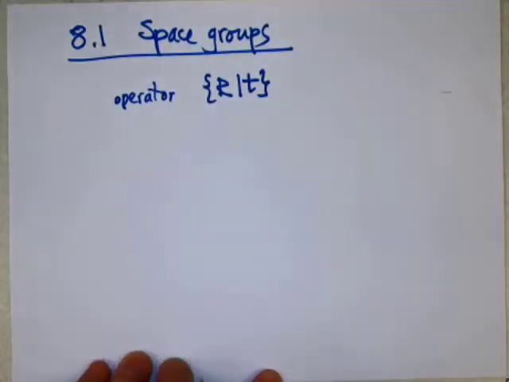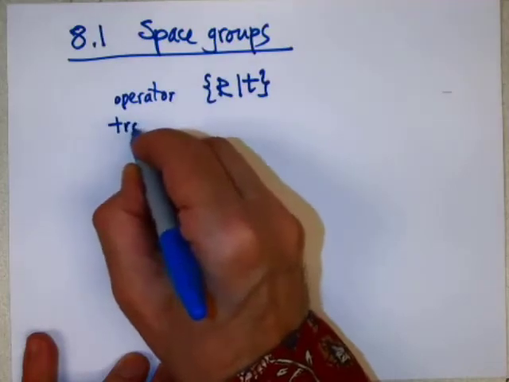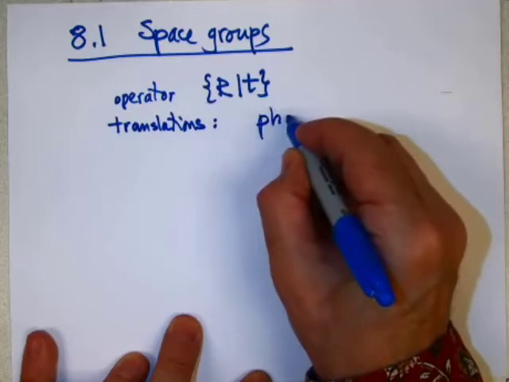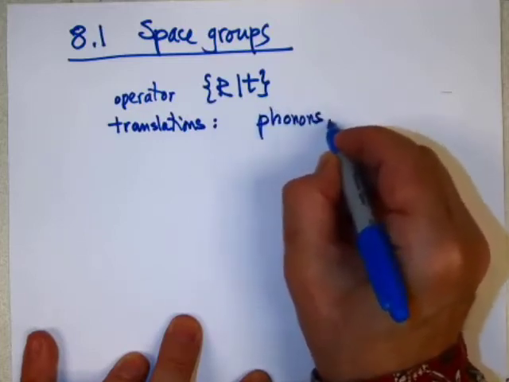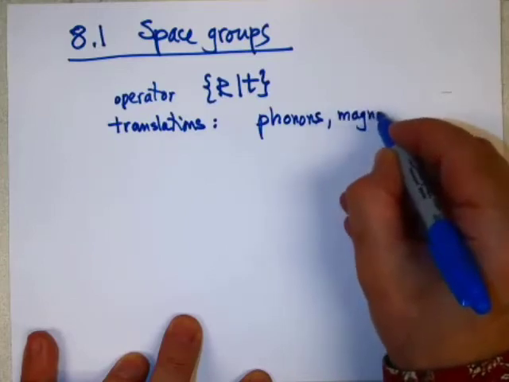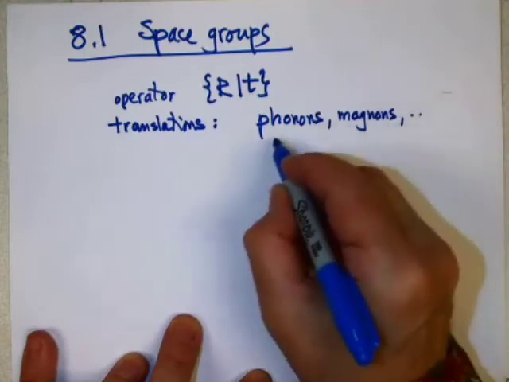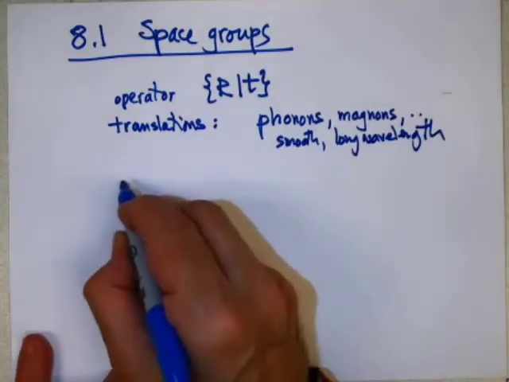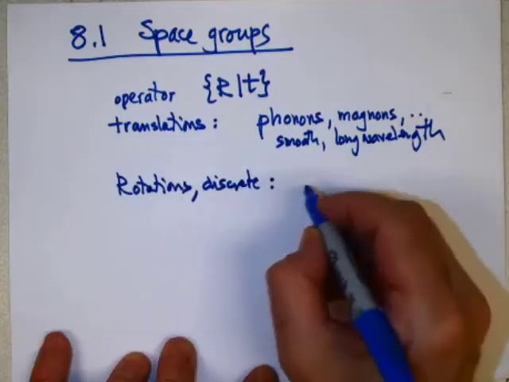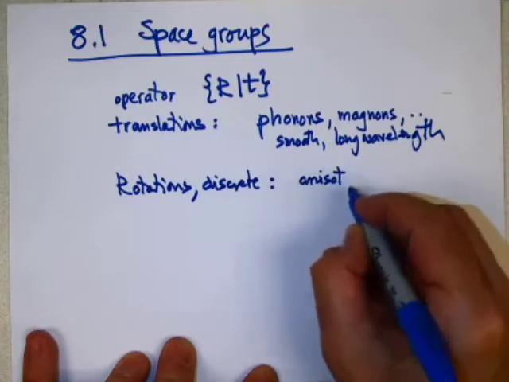Physically, the symmetry of the crystal will manifest itself through translational modes called phonons. This will be kind of smooth, long wavelength excitations of a lattice, sometimes called magnons, etc. Rotations, or the point group, are discrete. Typically, we'll see anisotropy.